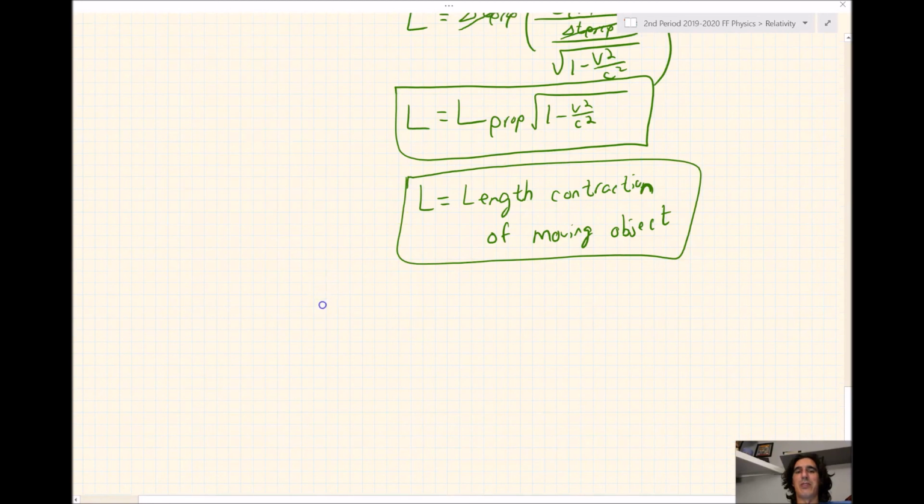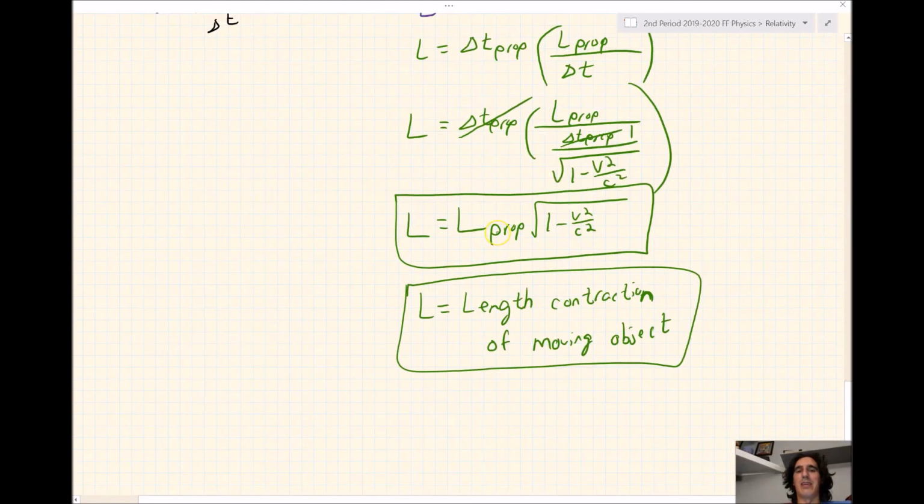What's important to note is that the proper length is if you just took a meter stick or a ruler and measured something without moving, that'd be L proper. The contracted length is how much that distance or length shrinks as a result of an object moving relative to another.